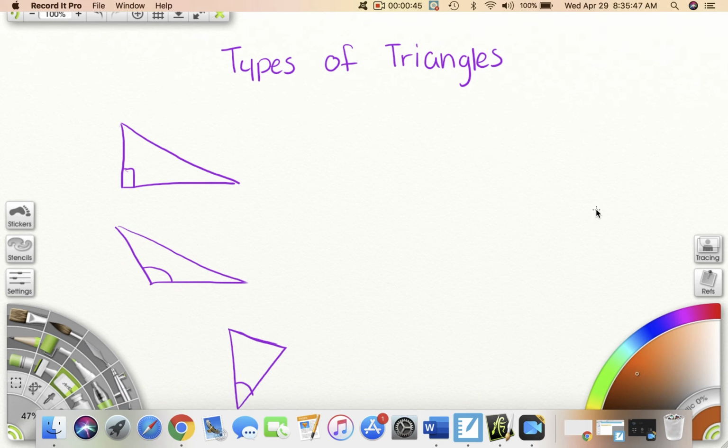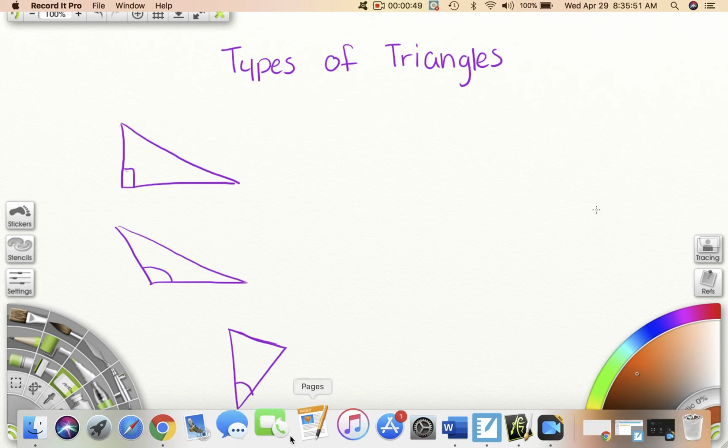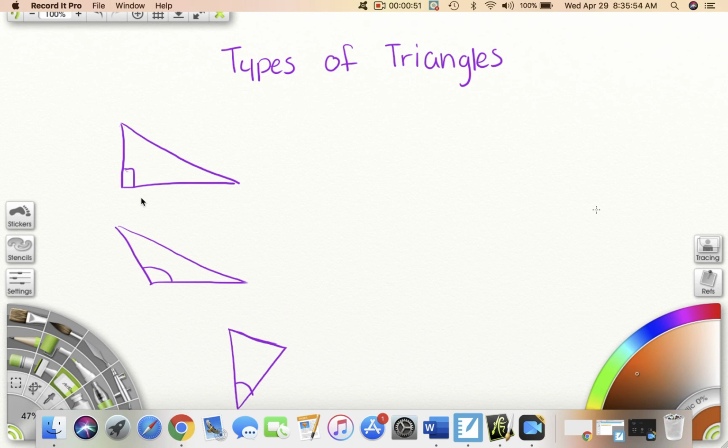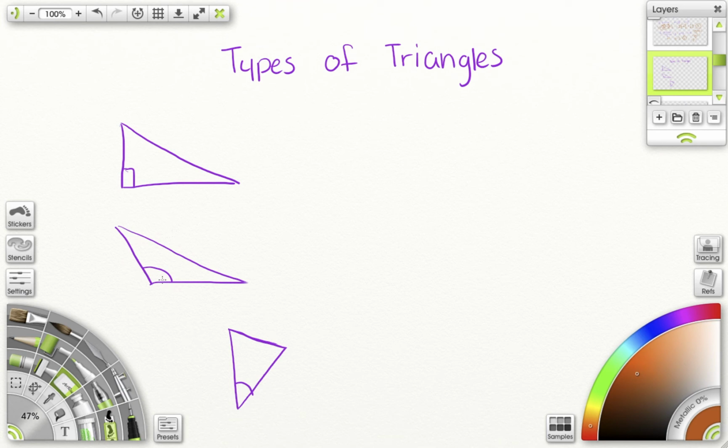Usually, when you have a sheet and it's asking you what types of triangles they are, it will give you in the corner that little angle symbol, like a little part of a circle, that curve, or it'll give you that little square to show you what type of angle it has in it.